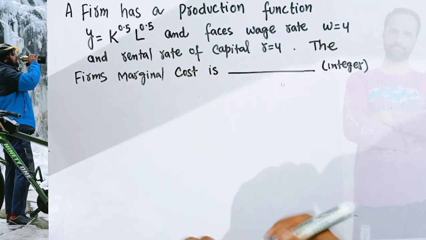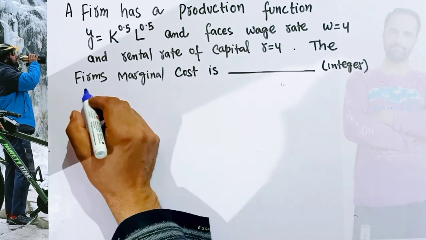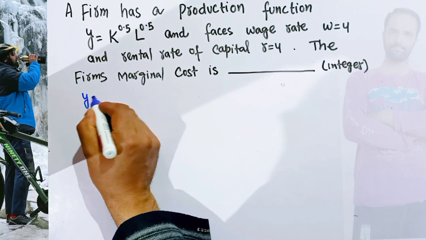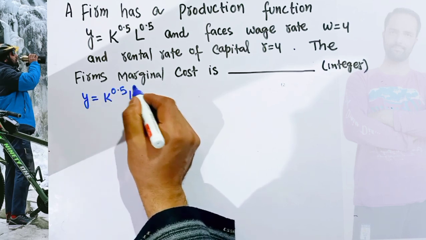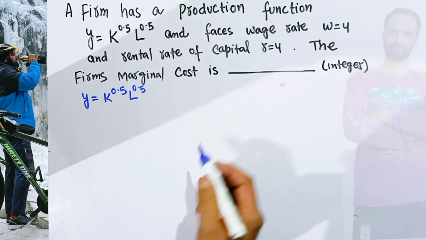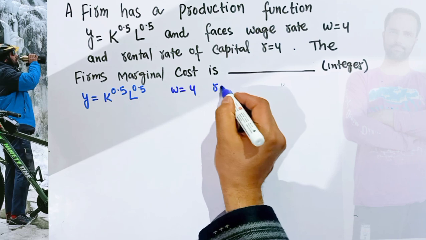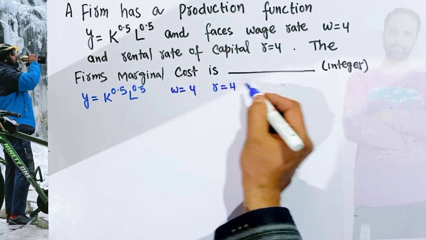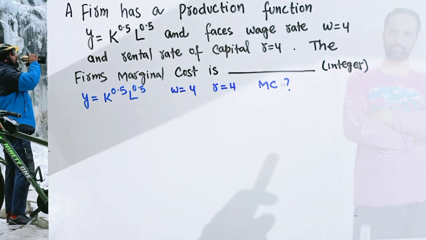Okay, so what are we being given? We are being given the production function y = K^0.5 L^0.5. Also the wage rate is 4, and the rental rate of capital is also 4. We need to find the marginal cost. How do we solve this kind of question?